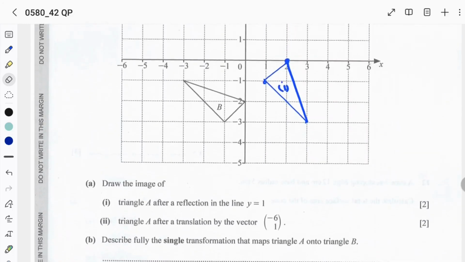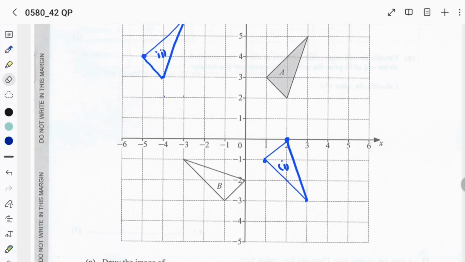Describe fully the transformation A onto B. Whenever you check these coordinates and join the corresponding points, what you see is that they are not parallel lines. For example, if I join this to this one, and I join this to this one, I'm not getting any parallel line. If there were parallel lines, then it would be either a translation or a reflection.